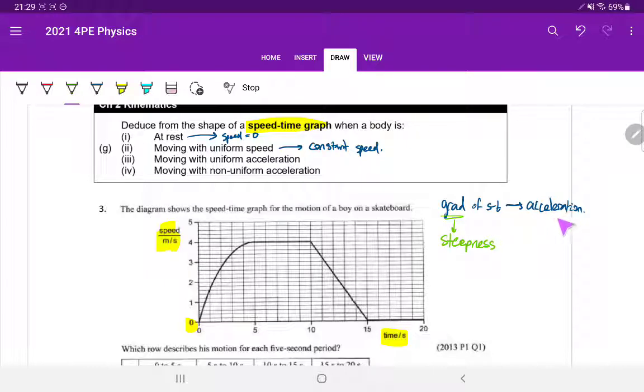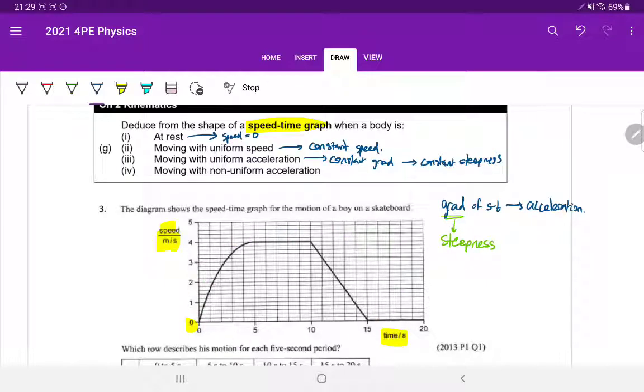If you want to ask how the acceleration is changing, you ask how the gradient is changing, how the steepness is changing. So uniform acceleration means you're looking for constant gradient, constant steepness.